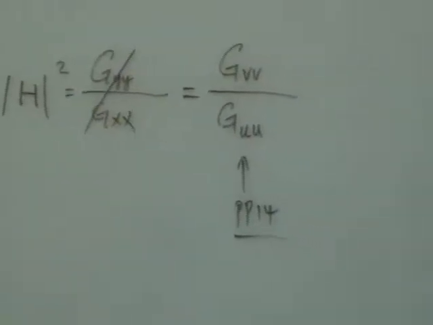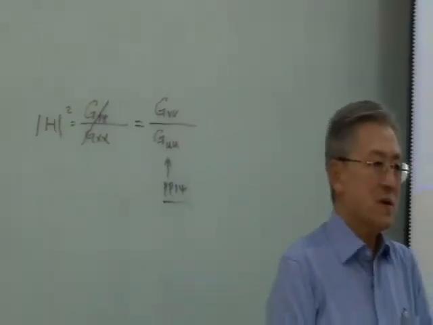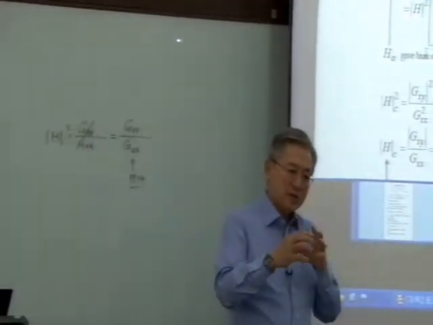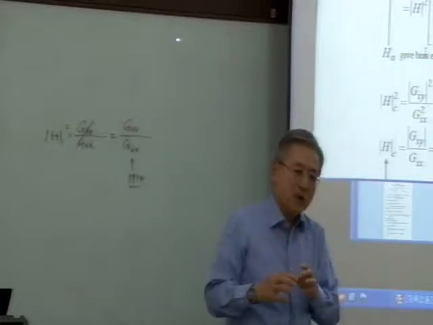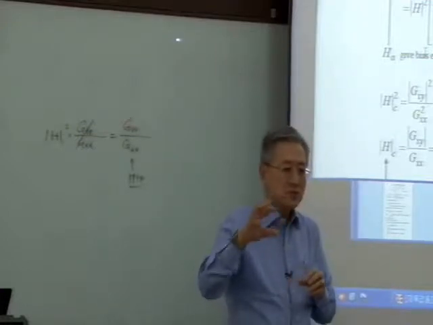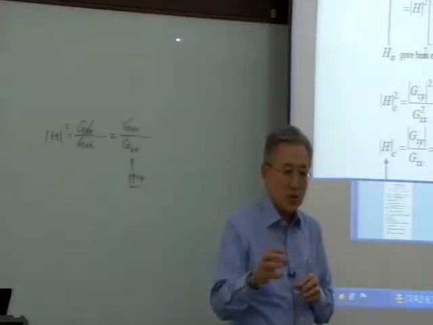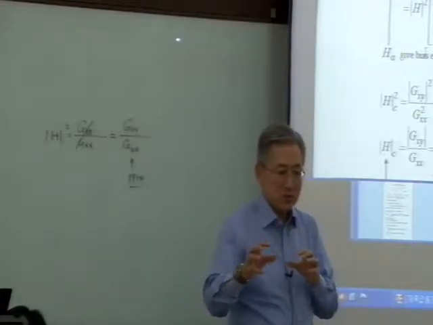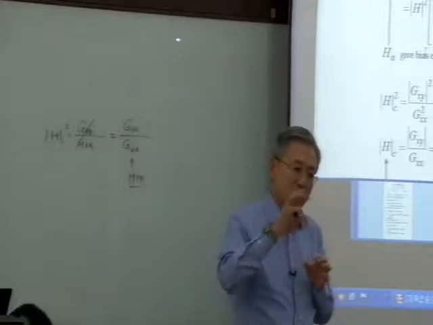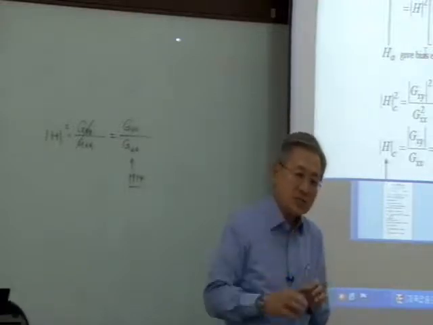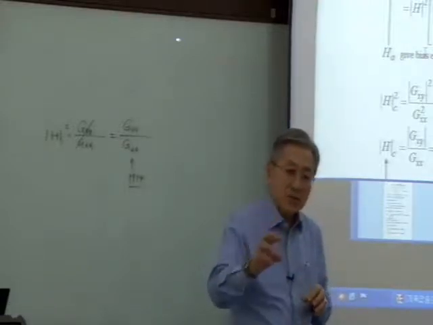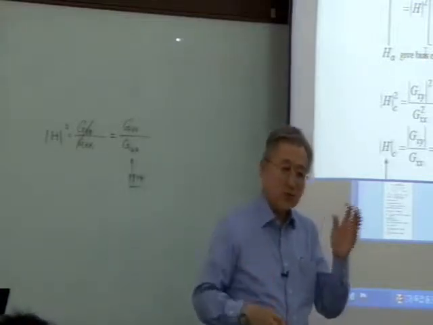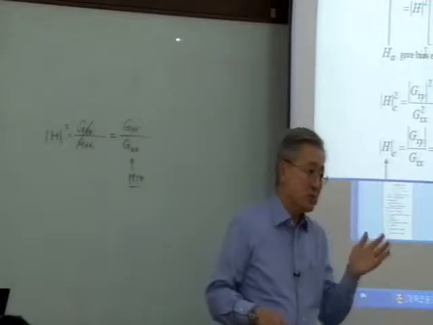So far, I spent a lot of time explaining how to derive the necessary H or GYY, GUU, GVV, a whole bunch of different things, but all the notation is very consistent. V is the output side. U, I always use for the input side.